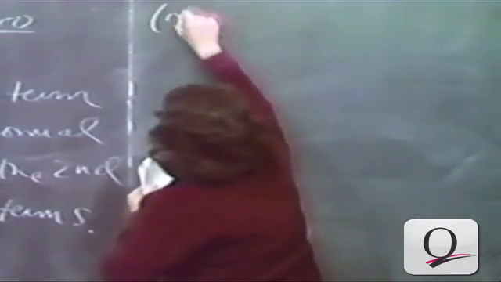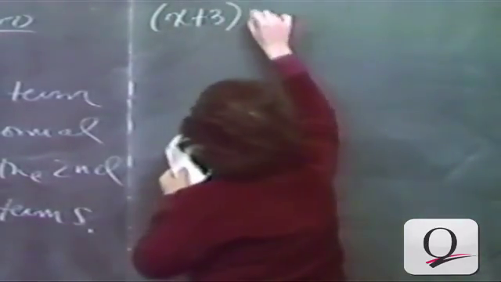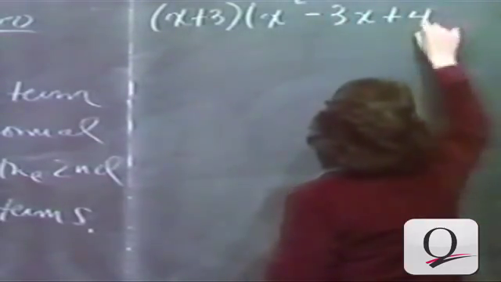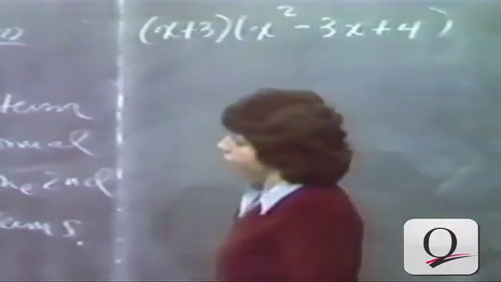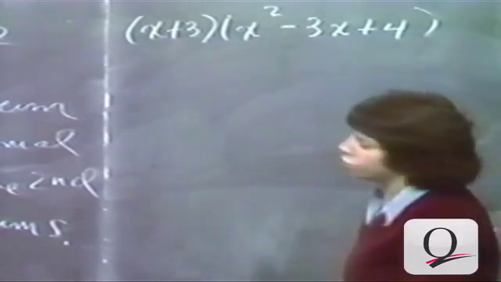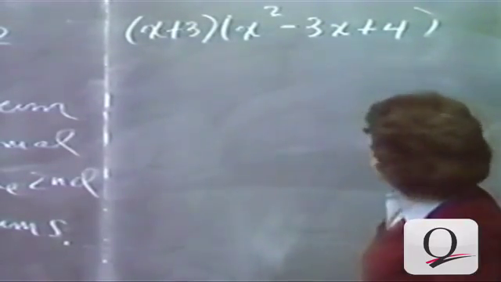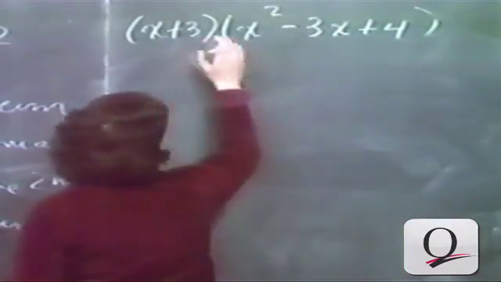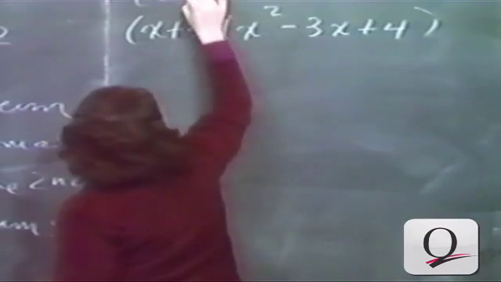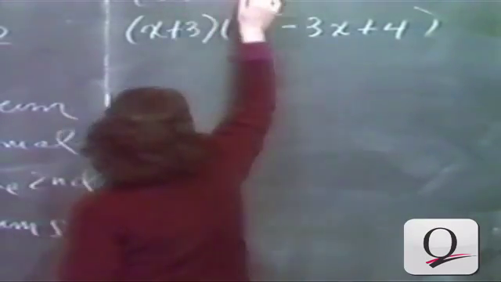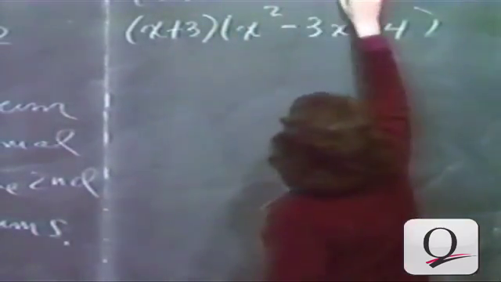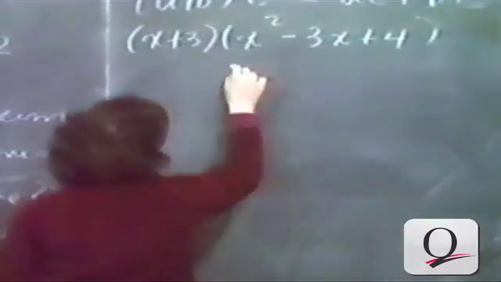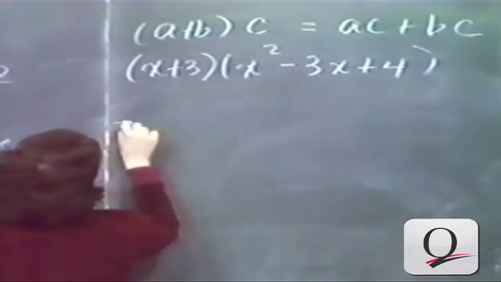How about x plus 3 times x squared minus 3x plus 4? Okay, once again I'm going to do this using the distributive law several times. You could think of this as a plus b times c, if it helps. A plus b times c, which is ac plus bc. This whole thing here we're going to call c.